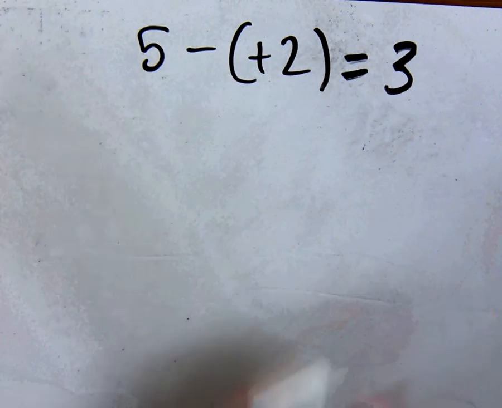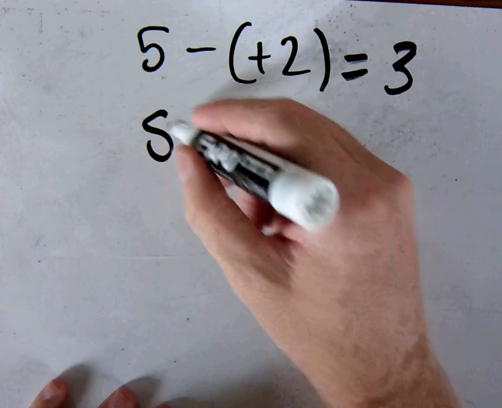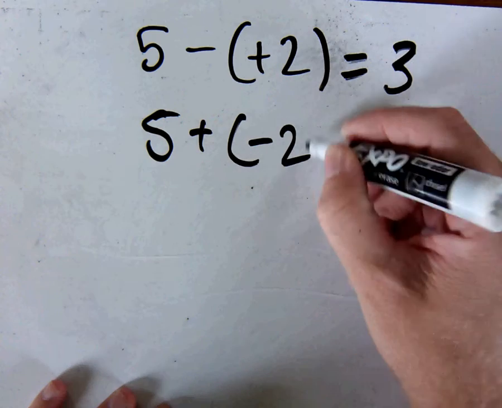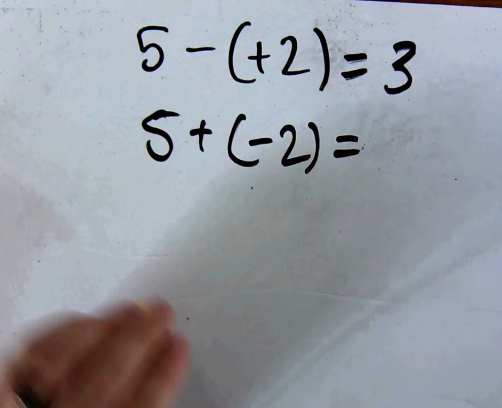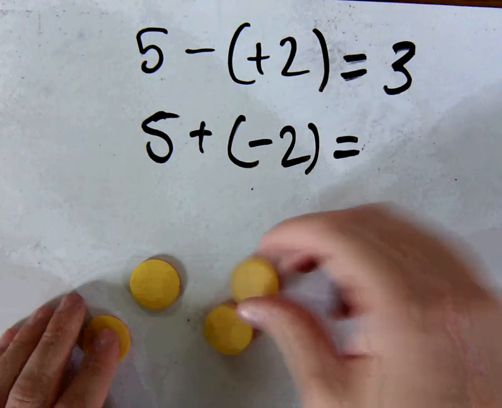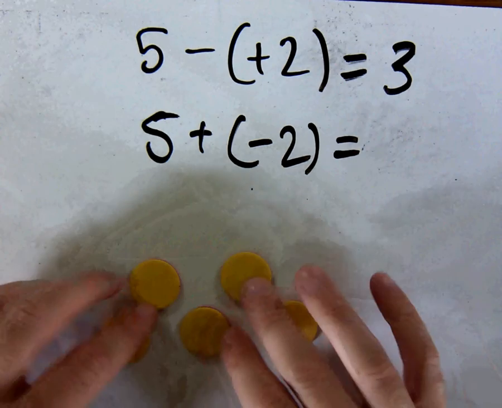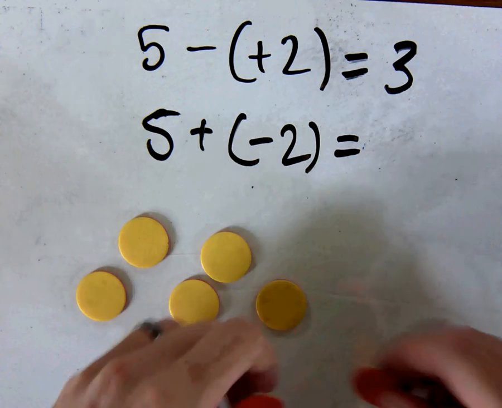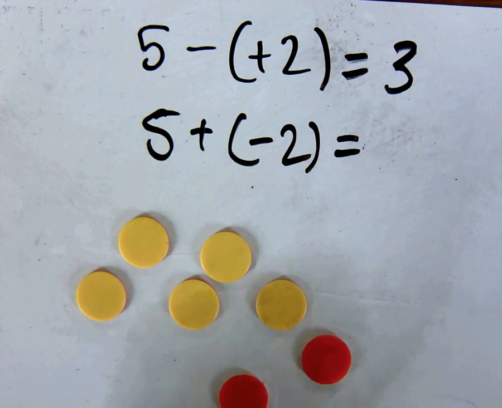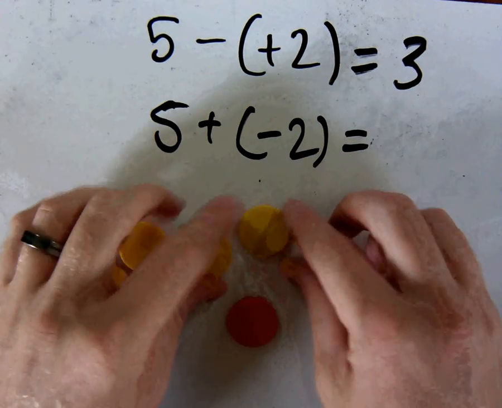What if we did 5 plus negative 2? Start with 5. Now if we want to add negative 2, I'm going to add 2 negatives to my party and see what happens.